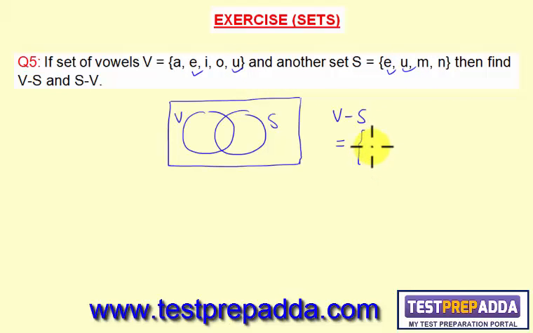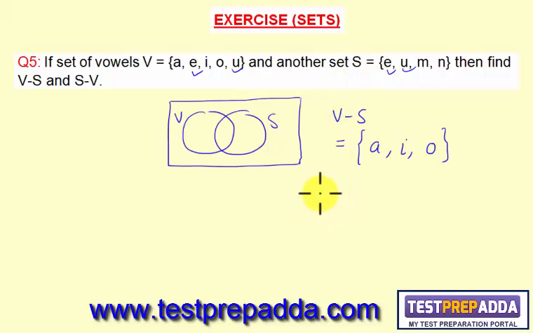So I'll select A, I and O from the set V, and this way I get V minus S. We have to select those elements which are in V but not in set S.